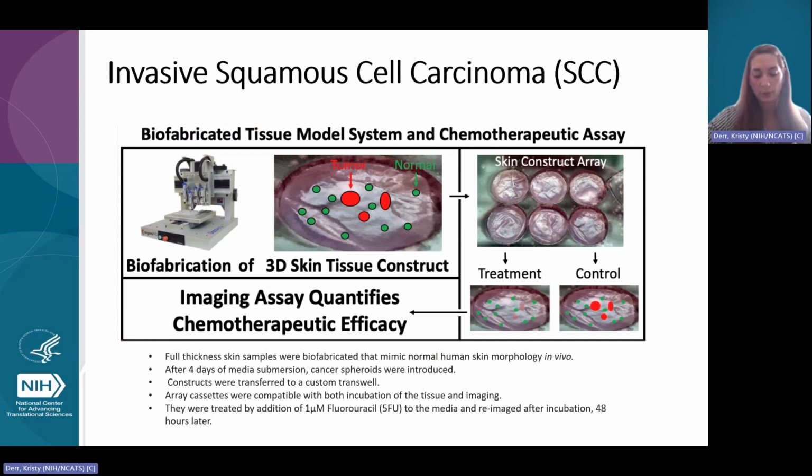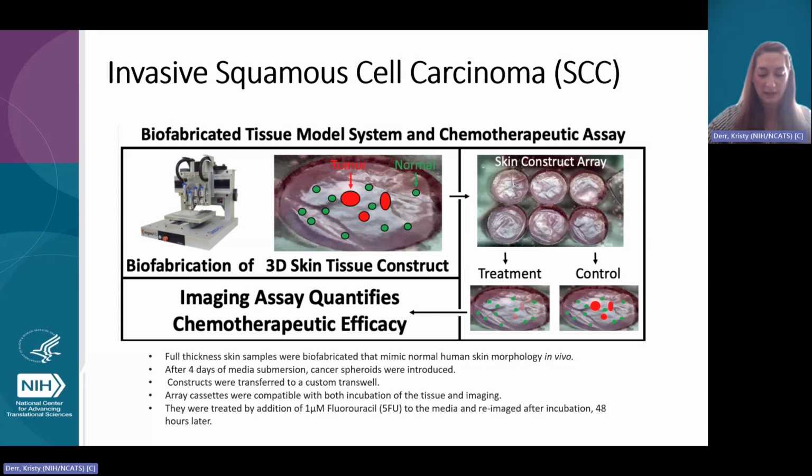Our full thickness skin samples were biofabricated to mimic normal human skin morphology in vivo. After 4 days of media submersion, the cancer spheroids were introduced that displaced and invaded the normal skin constructs. The constructs were then transferred to a custom transwell to form a construct array.